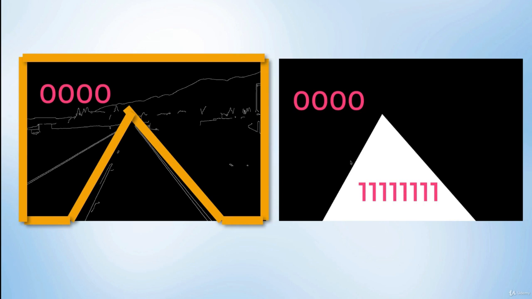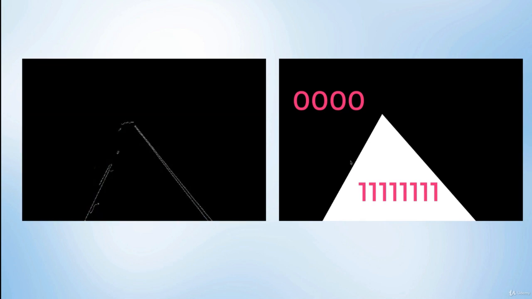This translates to the number 0, which means all pixel intensities in that region will have a value of 0. They will be completely black, thereby masking the entire region.